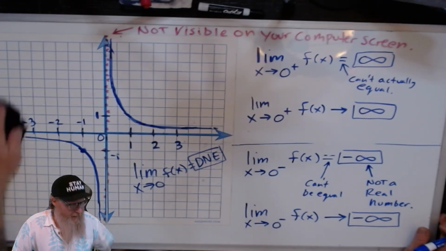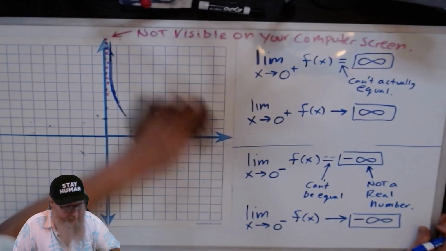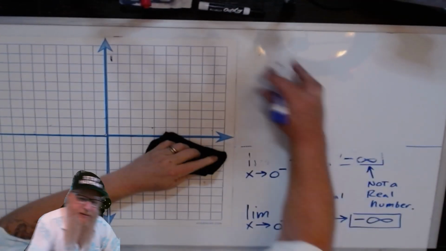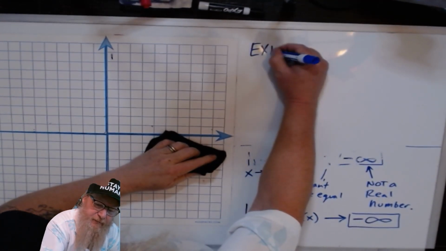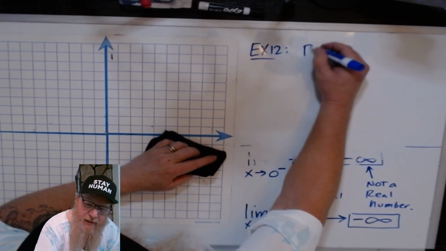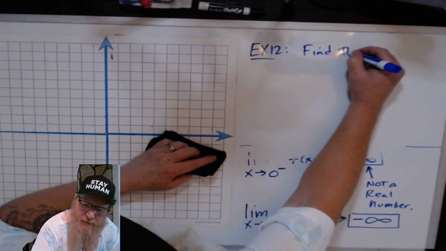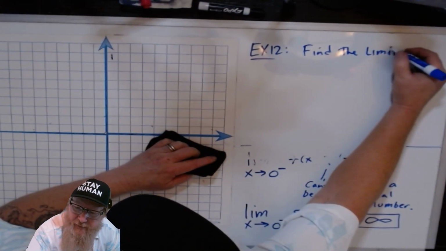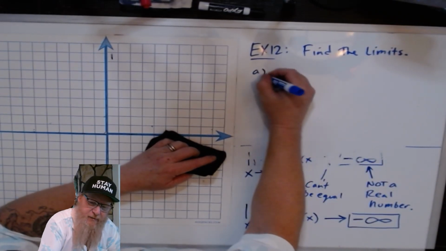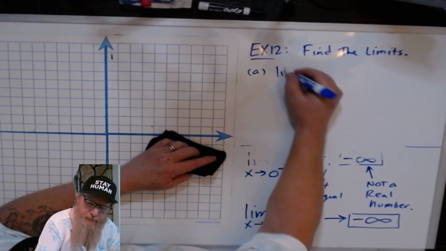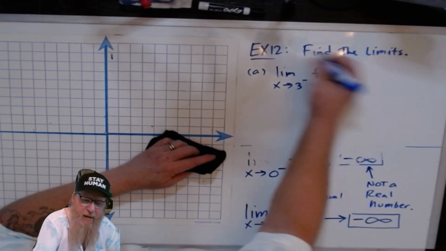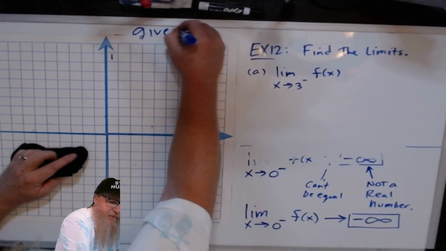All right, so that's the idea. Let's do an example. I've kind of lost count. What am I up to? Example 12, maybe? Find the limits, if they exist, given the graph.